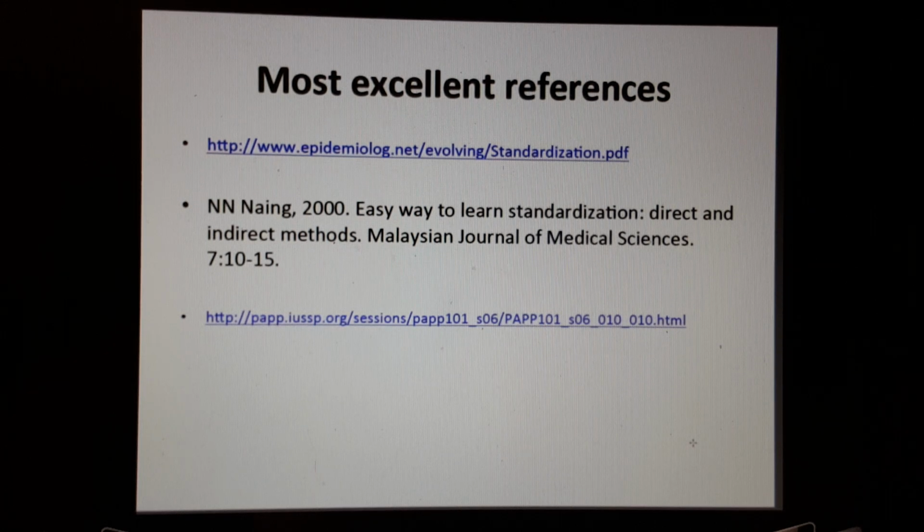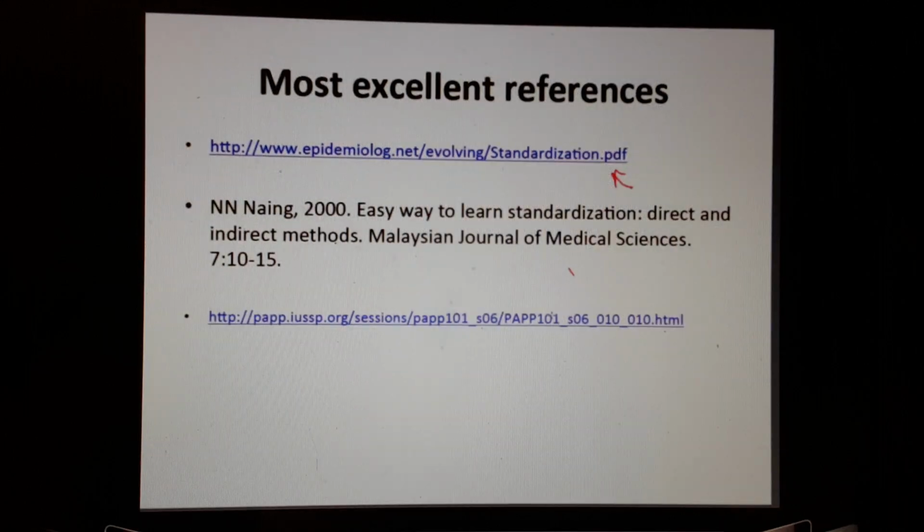Now these are some really fantastic references. I personally do not like VR or MER's reference for standardization. I love it for everything else, but not for this particular chapter, unless you like formula. So this particular website right here gives an amazing paper on explaining standardization.